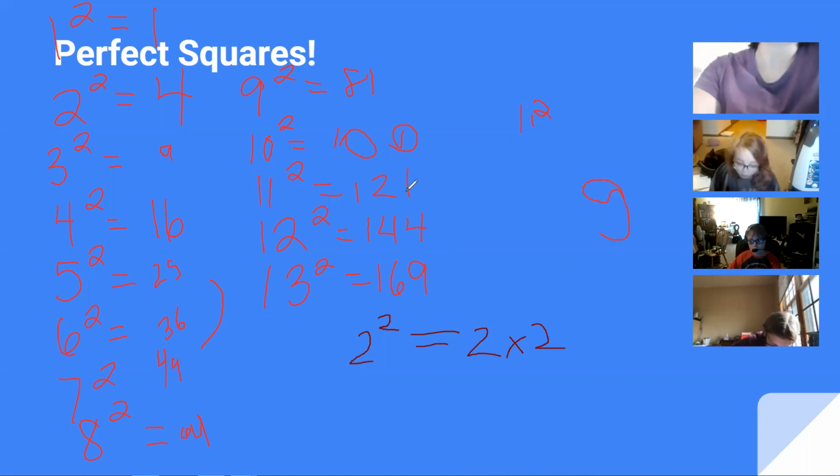And kind of the opposite of that, the square root of 4 is 2. Square root of 9 is 3. Either way you have that down really helps. It's 25.